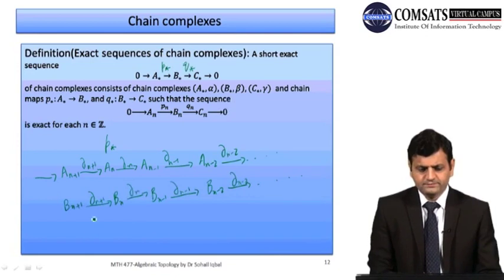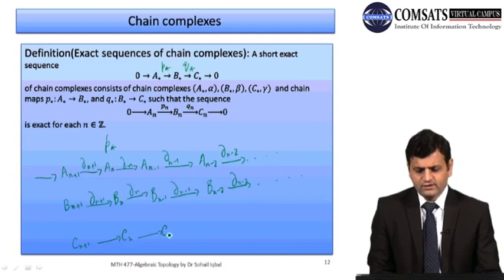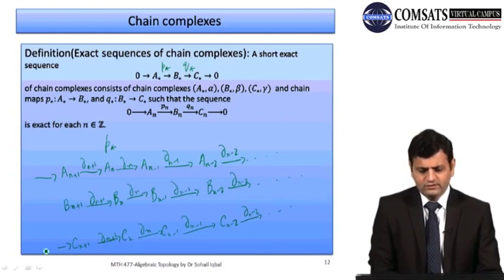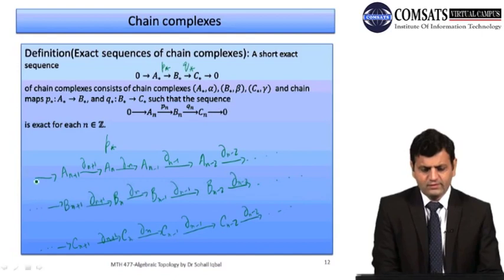Similarly we have Cn plus 1, Cn, Cn minus 1, Cn minus 2, and so on. So there are boundary operators in this chain complex as well. These are three chain complexes: the first is denoted by A star, the second by B star, and the third by C star.